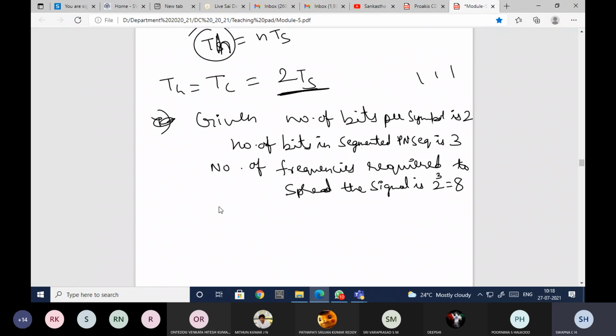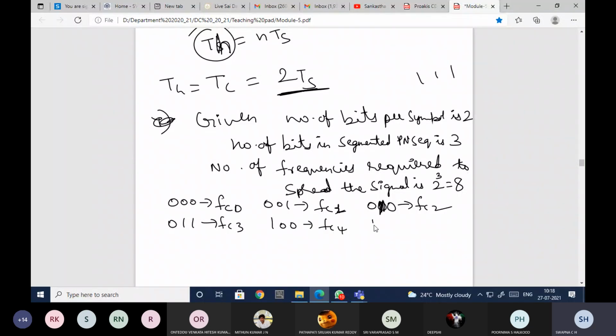So it will be from 0, 0, 0, which is FC0, then 0, 0, 1, FC1, 0, 1, 0, FC2, 0, 1, 1, FC3, 1, 0, 0, FC4, 1, 0, 1, FC5, 1, 1, 0, FC6, 1, 1, 1, FC7.